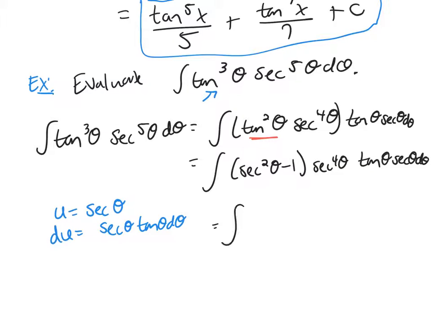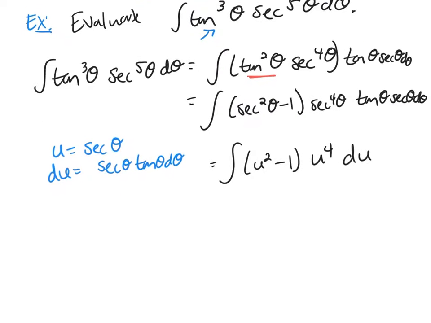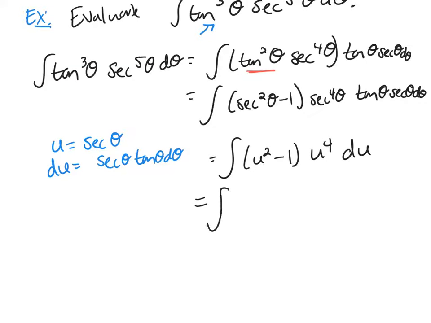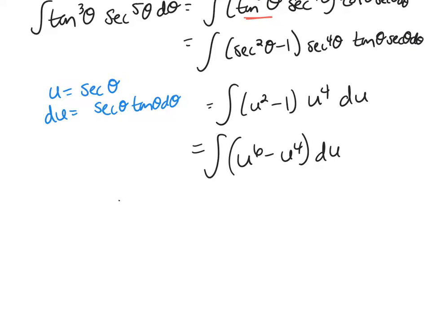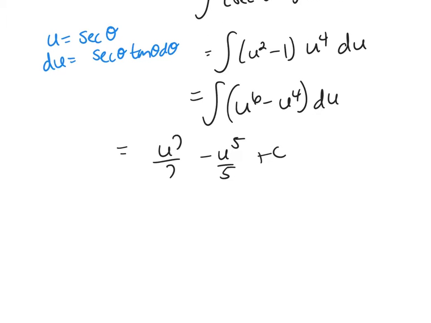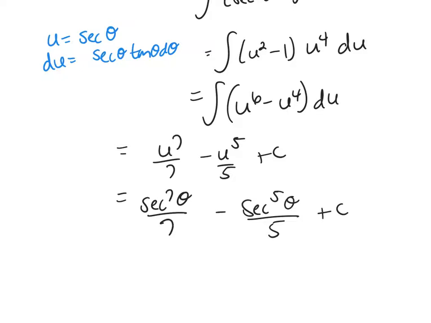So for my substitution, I'll get u squared minus 1, u to the 4th du. Again, get rid of the multiplication by distributing. And then do your reverse power rule. And plug back in for u. It was secant theta, secant to the 7th over 7 minus secant to the 5th over 5 plus c.